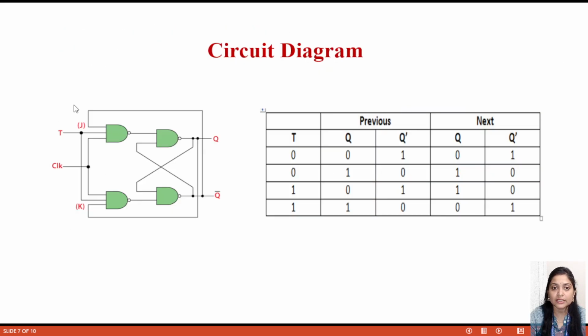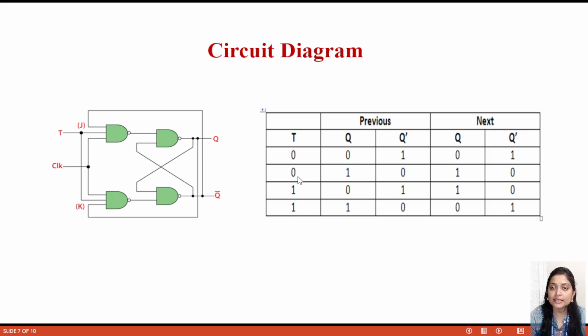The same case will happen here. T is a single input, and J and K both are connected, so if I give 0, then both J and K will be 0 0, and the output will be no change. Here it is showing the same case: T equals 0, previously Q was 0 and Q bar 1, then next also 0 and 1, that means no change.